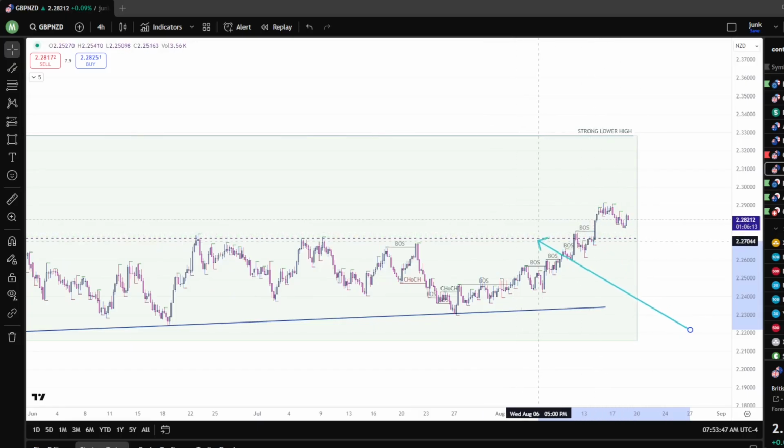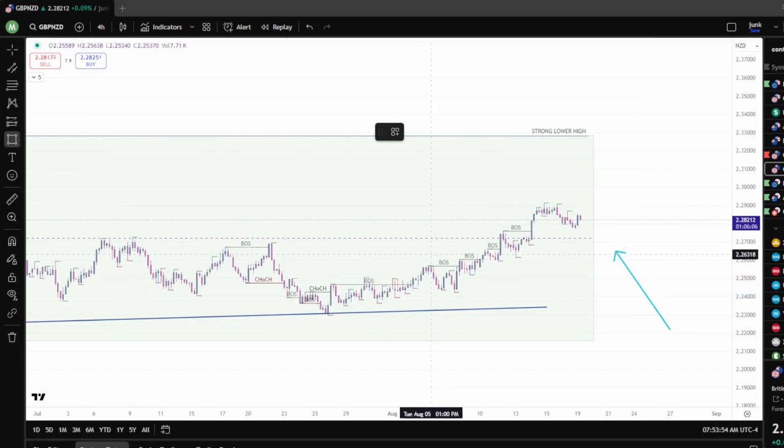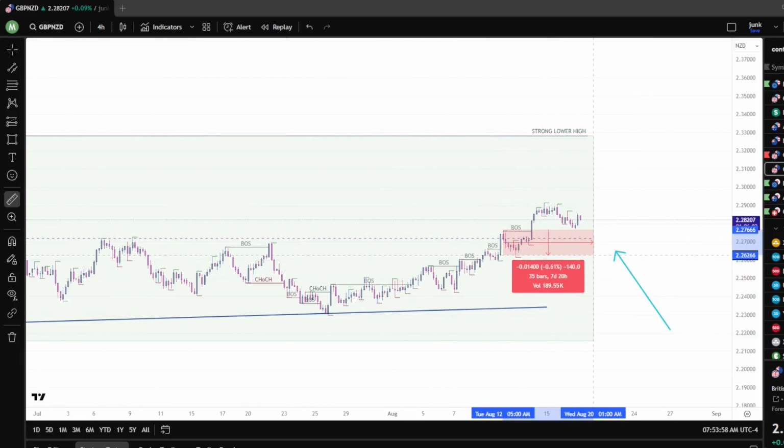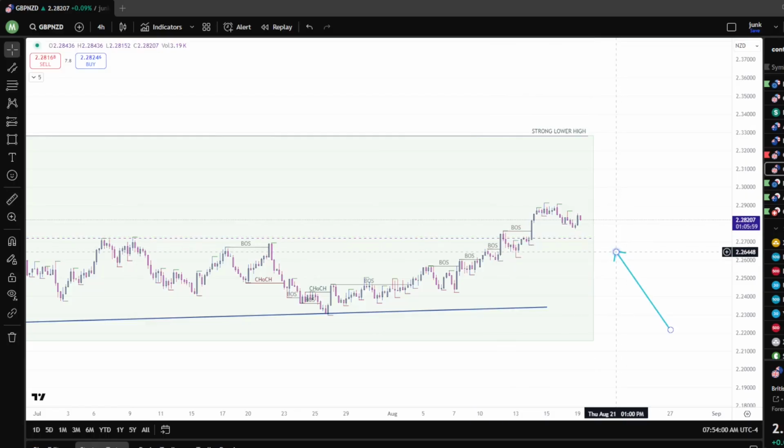Still not looking for a selling opportunity, but right now the impulse is high with these demand areas being in control. So the last impulse in internal structure pushed prices to the upside for GBP NZD, at least on the 4-hour chart.